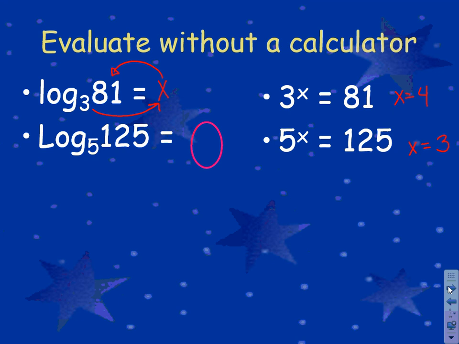When it comes to the quiz and the test, I do need to see this work too. I do need to see you going from the log function to the exponential function. That's your work, okay? Because I know we can do this mental math easily, but I need to see what that mental math was in order to get that answer. Does that make sense? Okay.